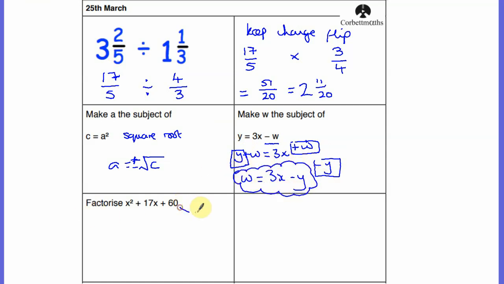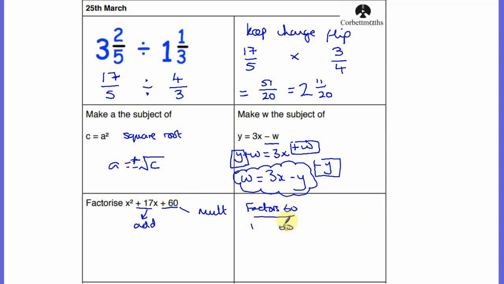Factorising here, we need to multiply to make the 60 and add to make positive 17. Make sure you keep an eye on them signs, so it's positive 60 and positive 17. I can write my factors of 60 out here. This will help me out.